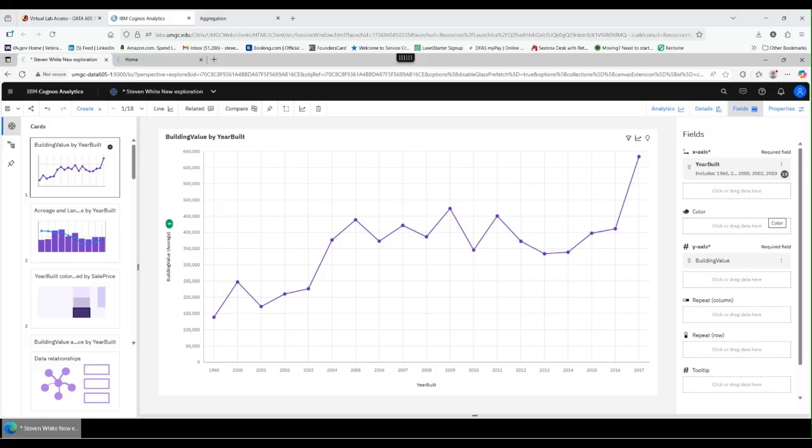Today I'll be sharing my insights from my exploration of the Nashville housing data using IBM Cognos Analytics. This data set provided a rich picture of the Nashville real estate market, covering property transactions, valuations, and various data fields.